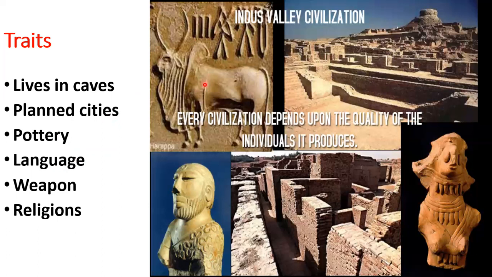You find in this picture an excellent carving. They were very advanced in sculpture, clear? And the art of sculpture in the Indian subcontinent is also a mixture, because when Alexander or the Greek people came to the subcontinent and ruled, they brought the art of sculpture and other things. Okay, religion.